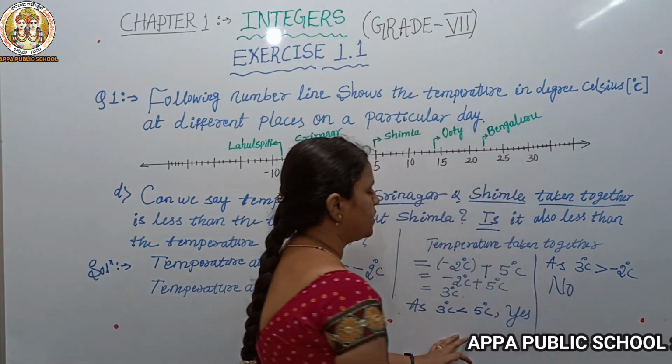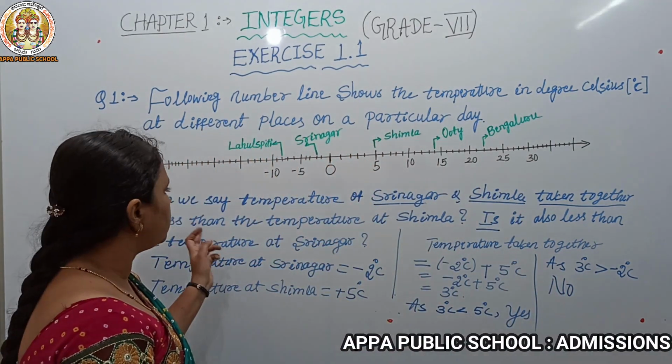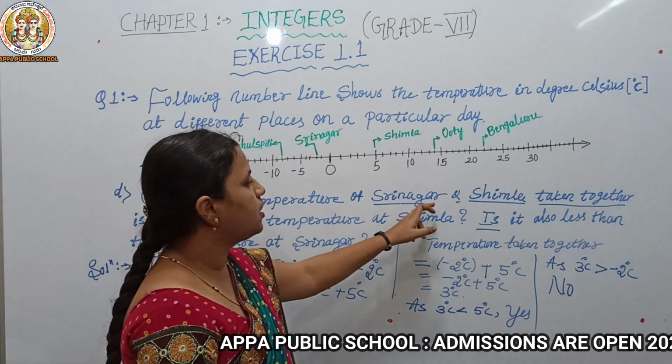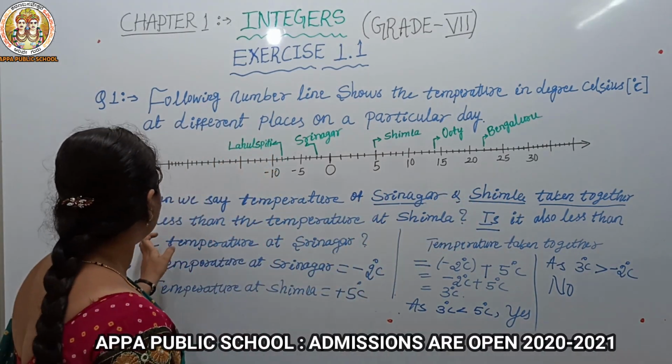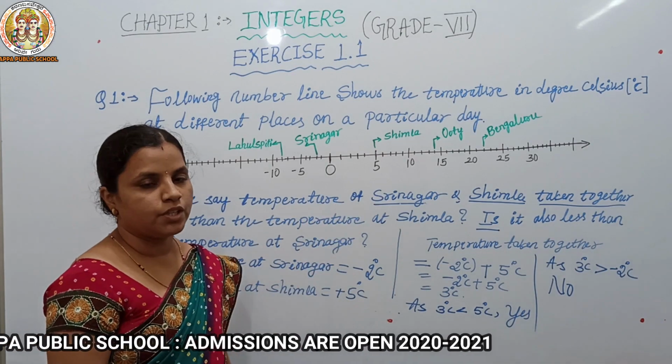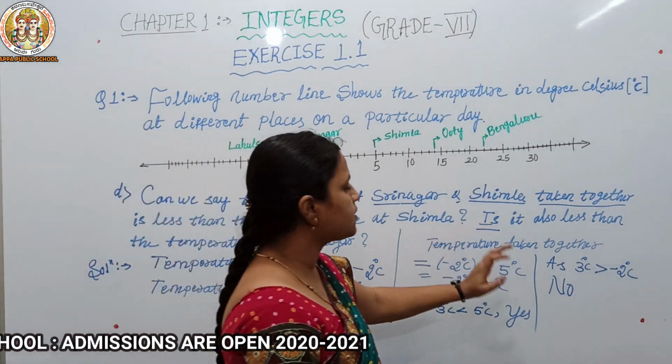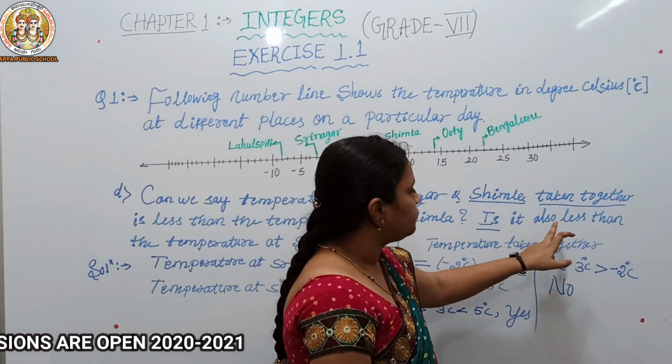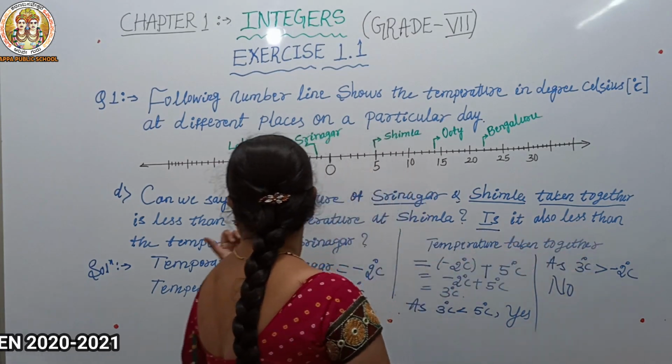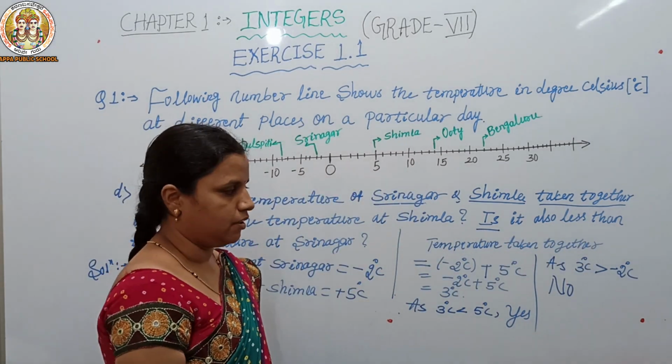For the first question it is yes: the temperature of Srinagar and Shimla taken together is less than the temperature at Shimla. But for this it is no. It is not less than the temperature at Srinagar.